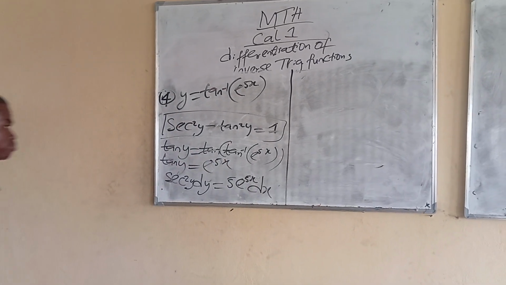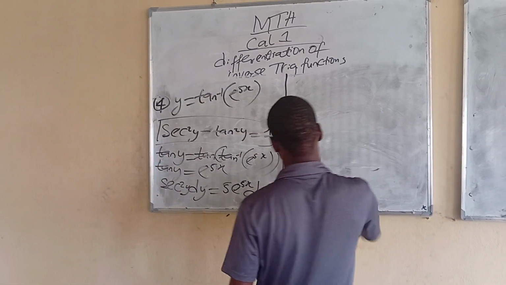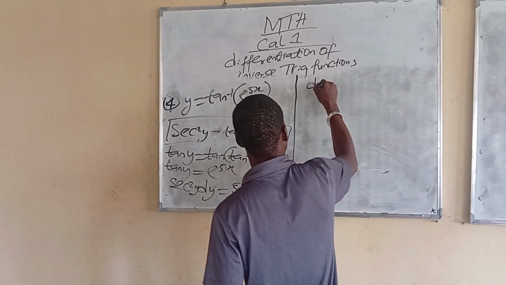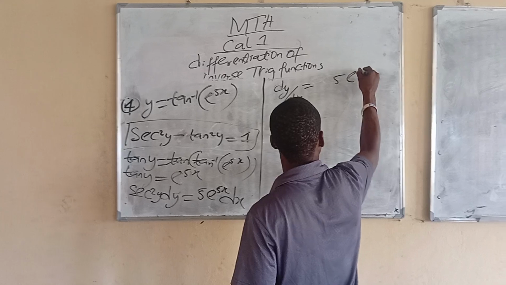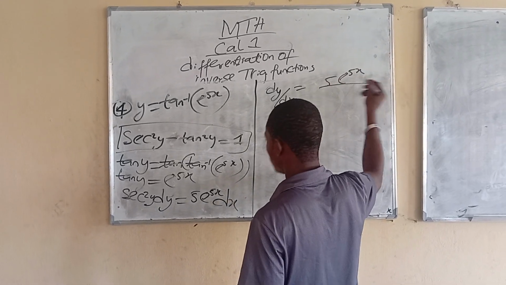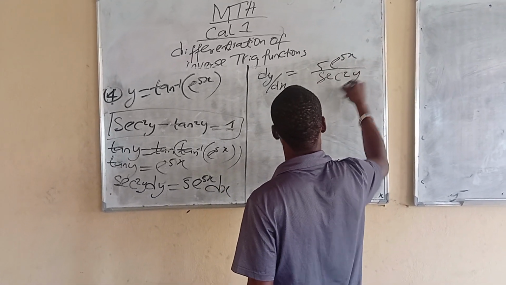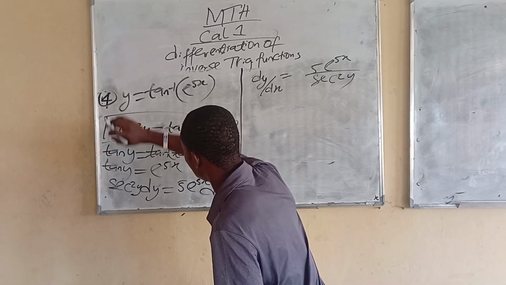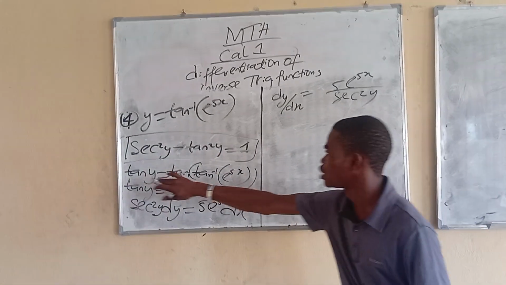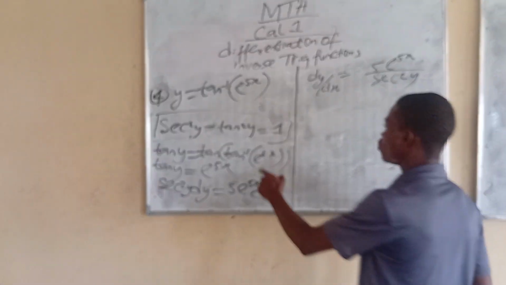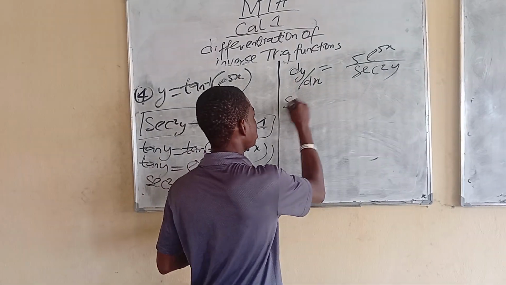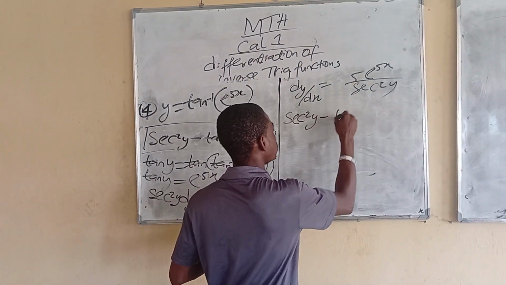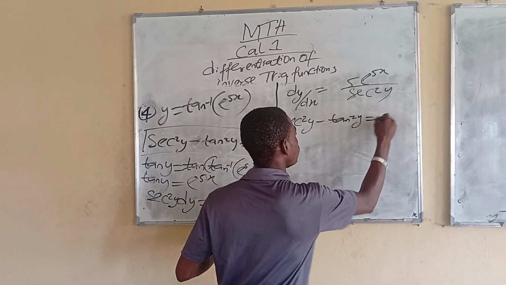We are not done. Let's make dy over dx the subject of the formula. So dy over dx will just equal 5 exponential 5x divided by sec squared y. Now let's refer back to this. Sec squared y minus tan squared y equals what? 1.